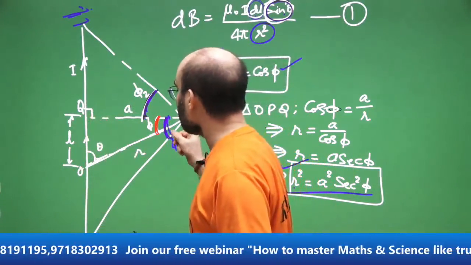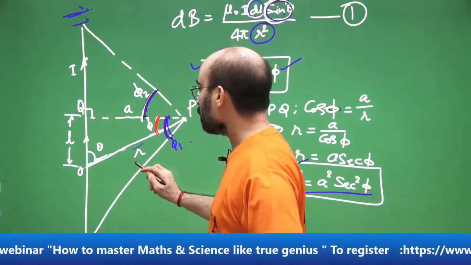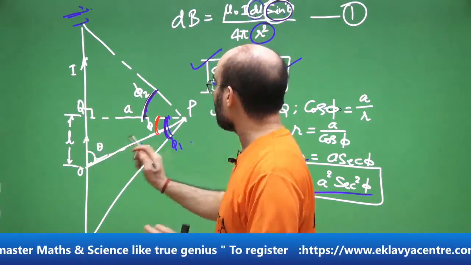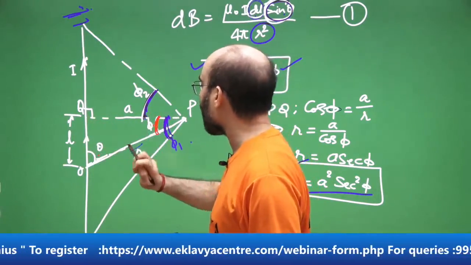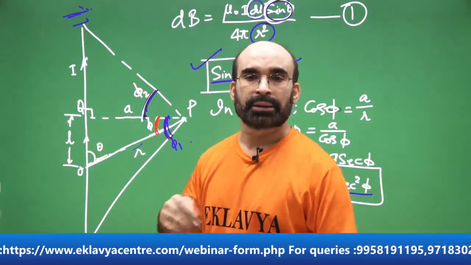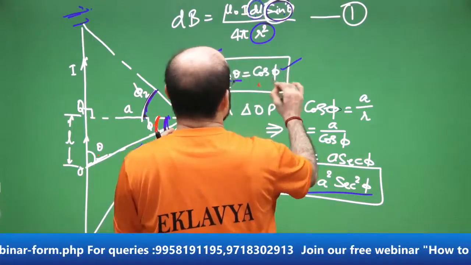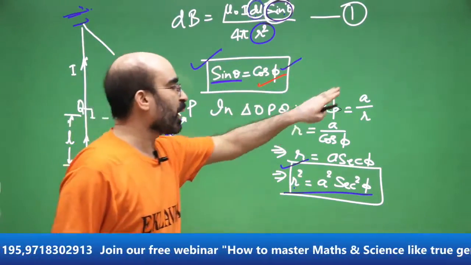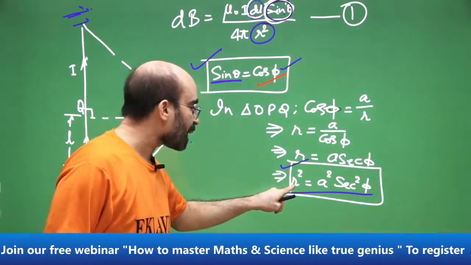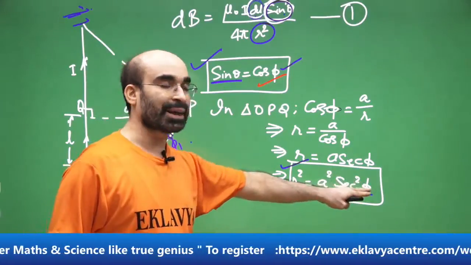We have this triangle, where this is r, this is theta, and this is L. In this triangle, theta plus phi is 90 degrees, so sin theta would become cos phi. Further, cos phi equals a by r, so r could be written as a sec phi. So r square equals a square sec square phi.